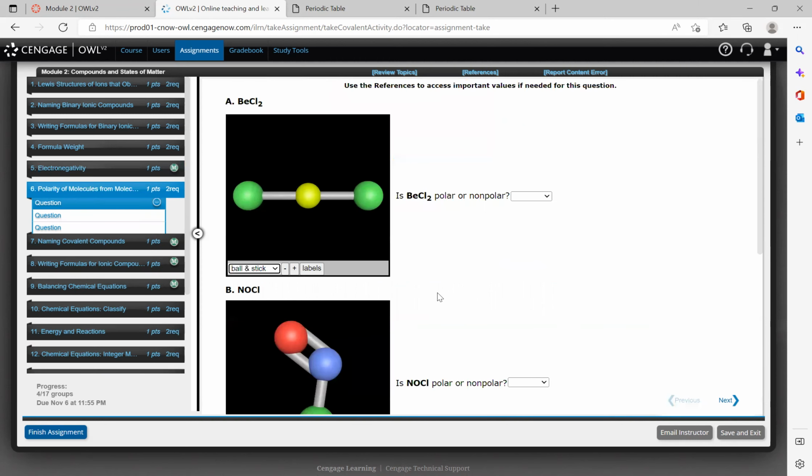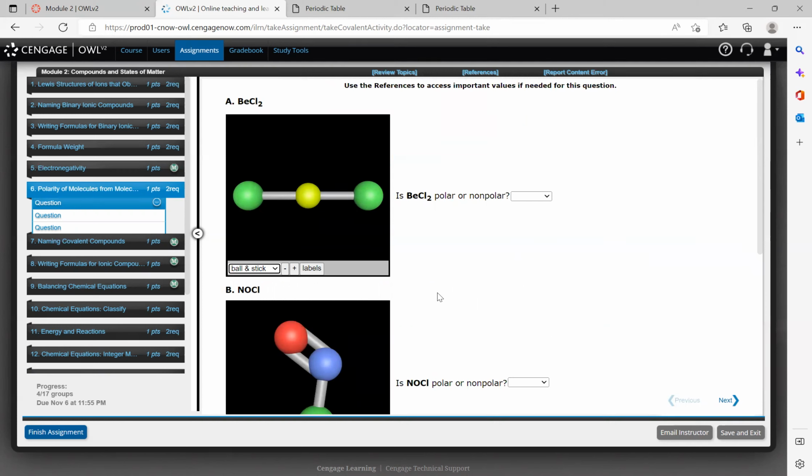All right, the next piece is going to ask us about polar and nonpolar molecules. Polar means there is a difference in electronegativity, and therefore we see a slightly positive and slightly negative charge on the atoms.